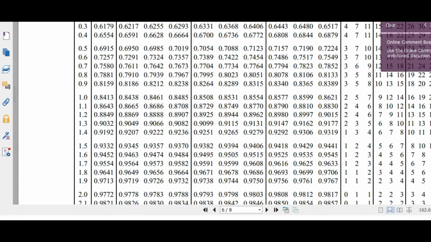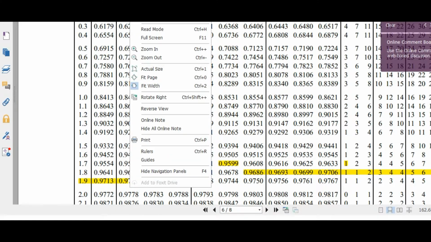Okay, this is our table. We need to find the value of 0.96. We have 0.95991 and 0.955 plus 1, that would become 0.9600.